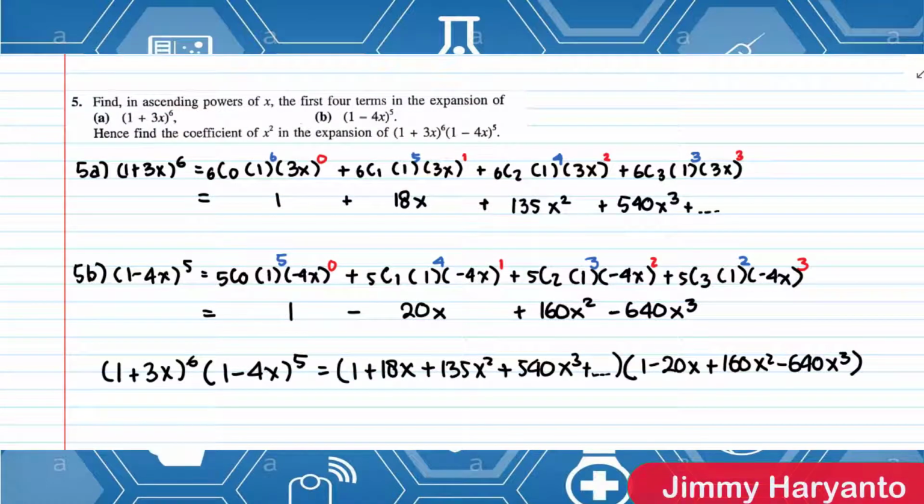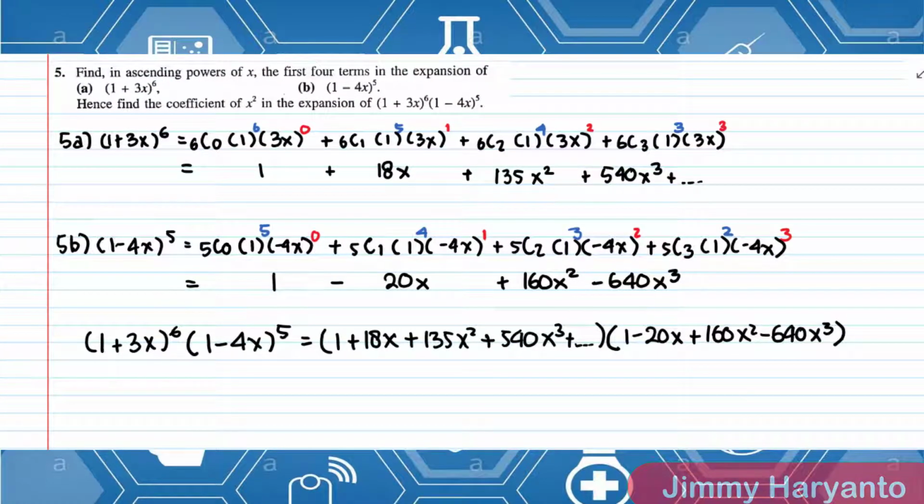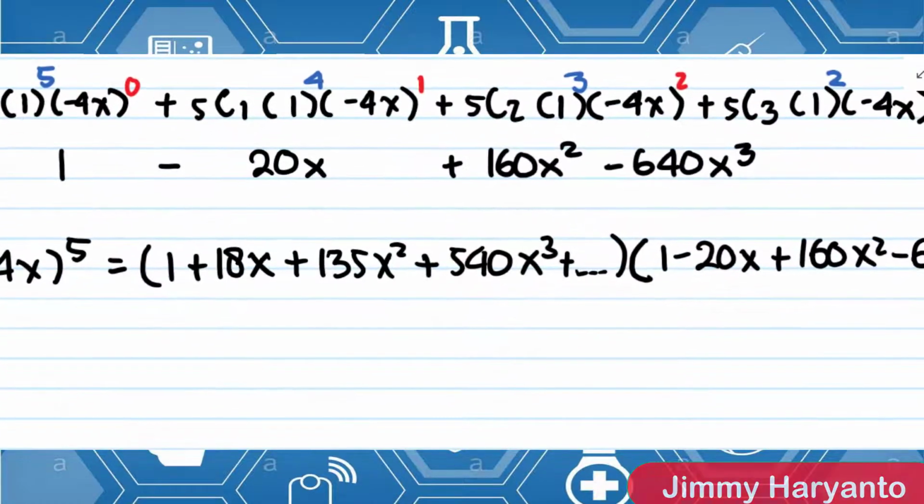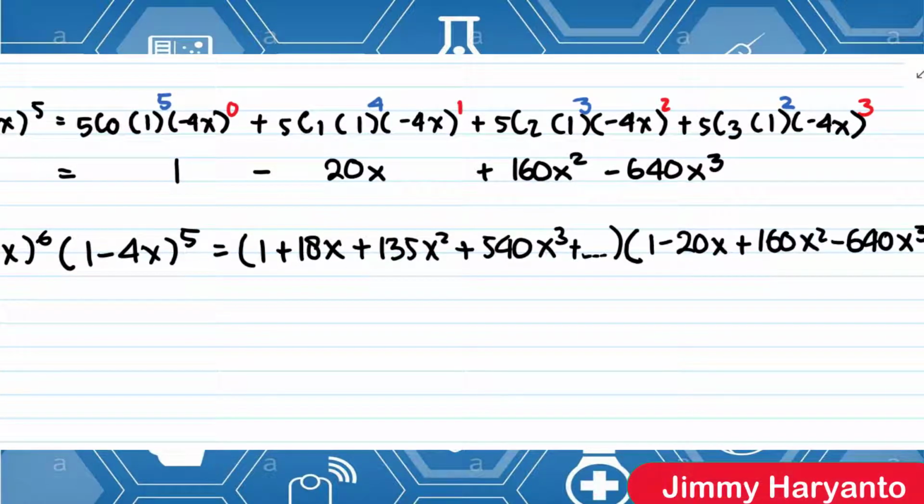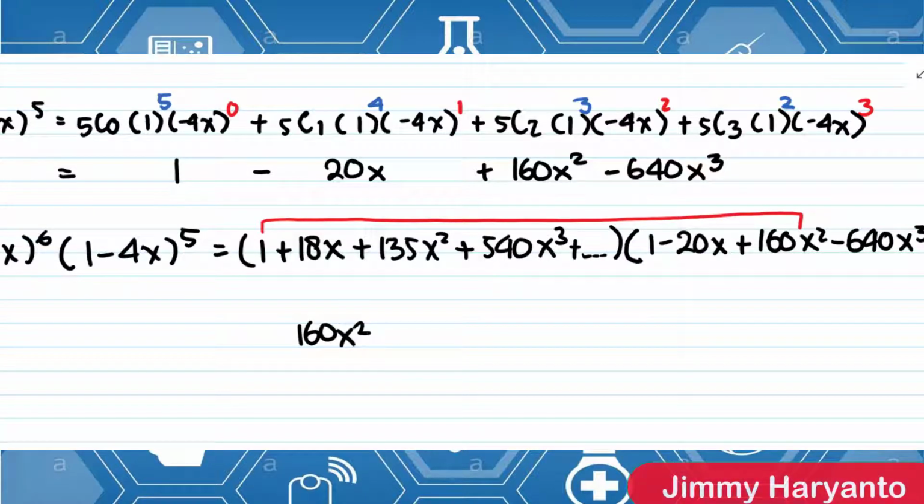And the question wants us to find the coefficient of x squared. So to get x squared, I think I should multiply this and this. The first will be 160x squared, and then after that maybe I should multiply this and this. It will be negative 360x squared, and then the third one will be this and this.